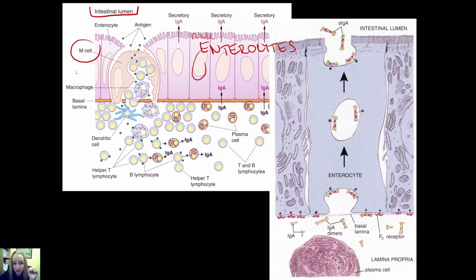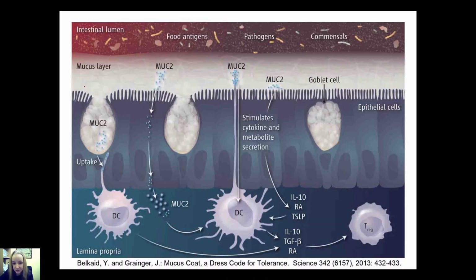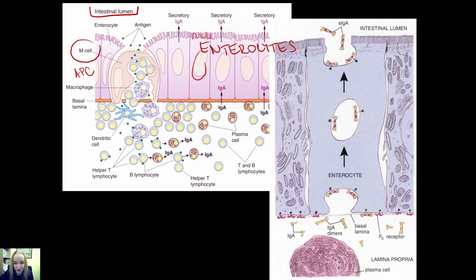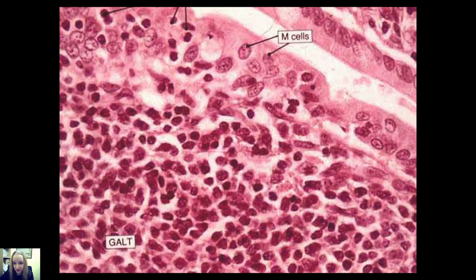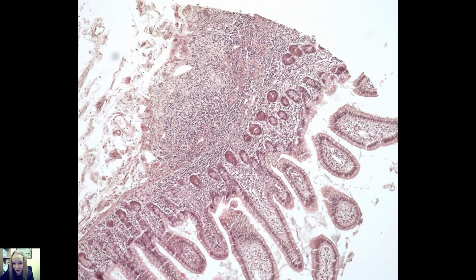But M cells are antigen presenting cells, and they communicate with the outer space. They provide interaction between antigens and the lymphatic tissue that is under this epithelium. Maybe we can have a nice picture. Well, this isn't a nice picture, but probably here. This is the ileum, and the ileum has some layers.